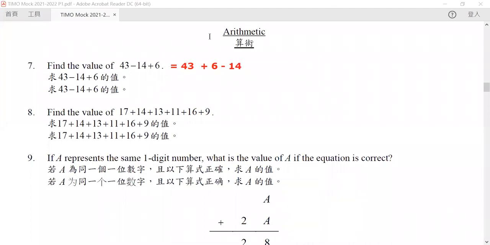So if that's the case, we now would like to add our first numbers together.